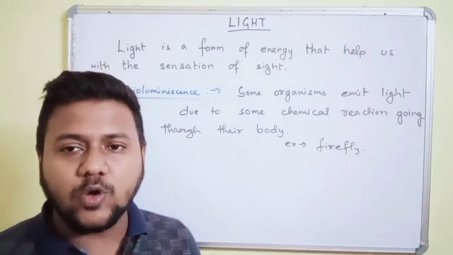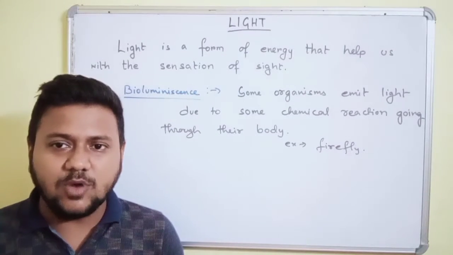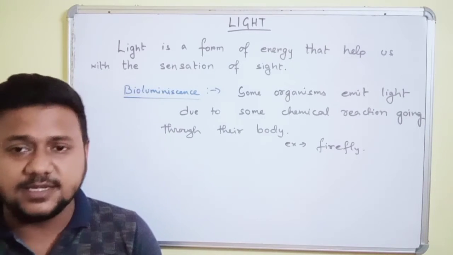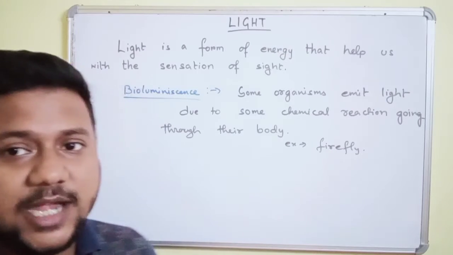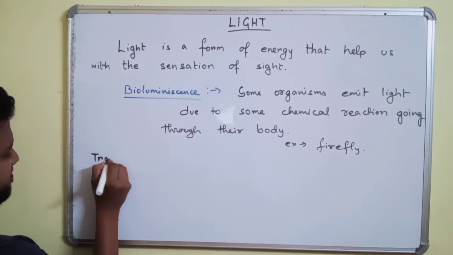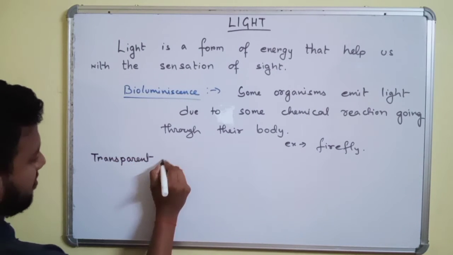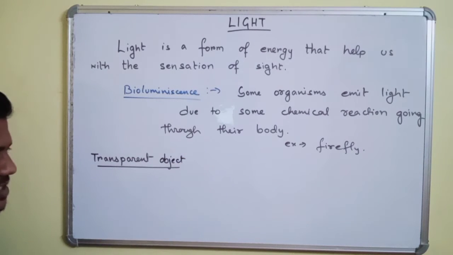Moreover, depending upon whether an object allows light to pass through it, partially allows light to pass through, or does not allow light at all, we divide objects into three categories. The first category is transparent objects.